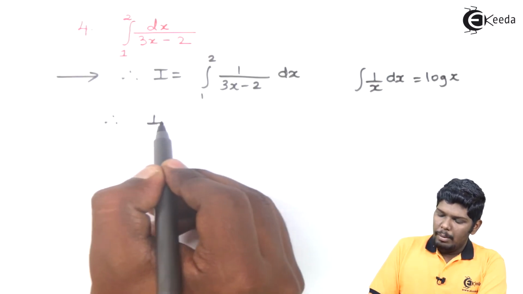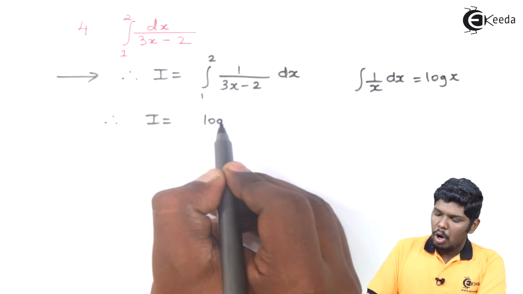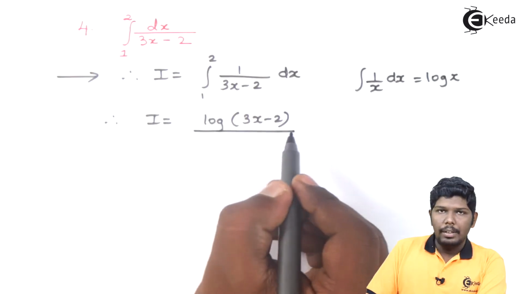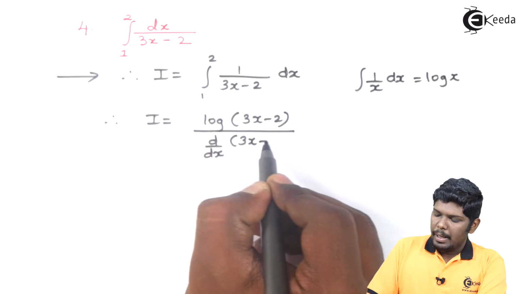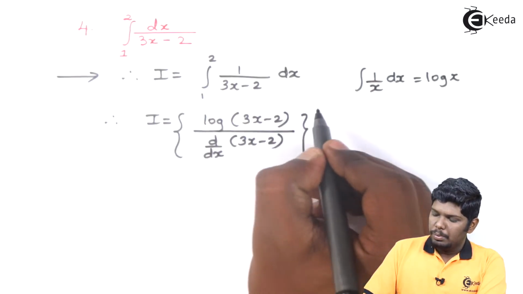Therefore, I will be equal to integral of 1 upon 3x minus 2 will give you log of 3x minus 2 divided by d by dx of 3x minus 2, within limits 1 to 2.